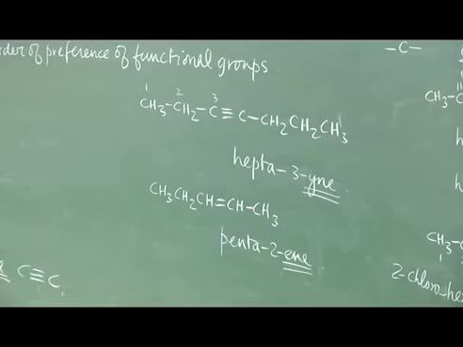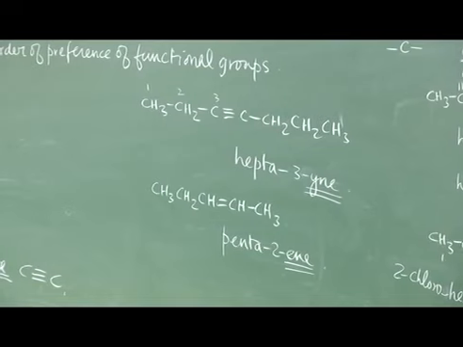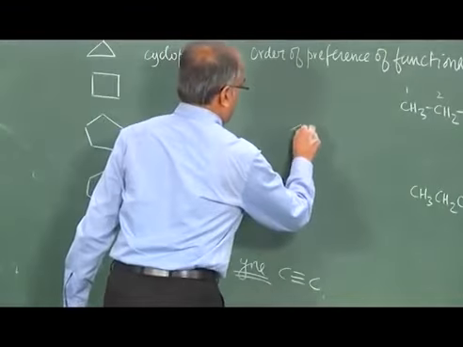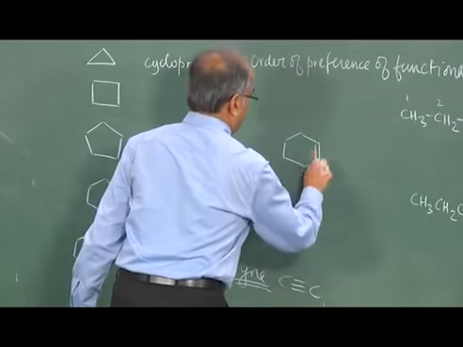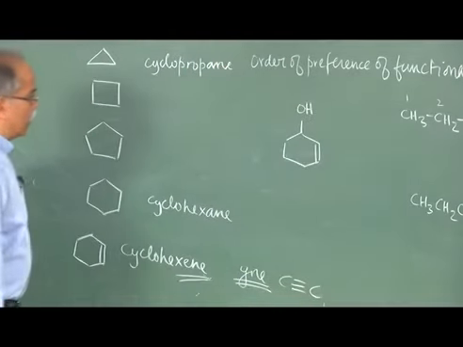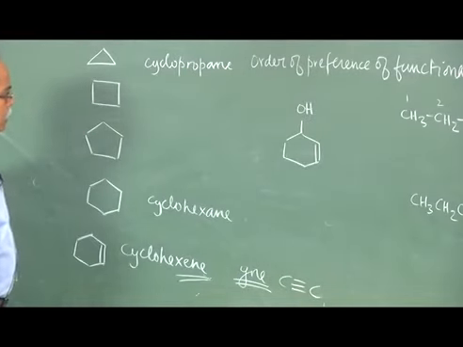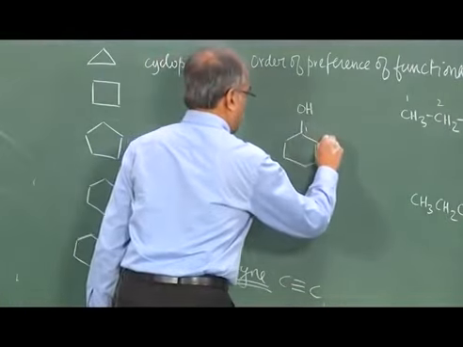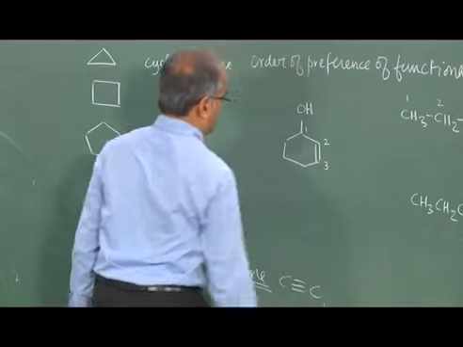If it is in the form of a cyclic system, you write cyclo as a prefix to the nomenclature. This would be cyclohexene. So, if you were to name this particular compound, the alcohol gets a higher priority compared to the alkene, please remember that. So, the numbering goes like this.